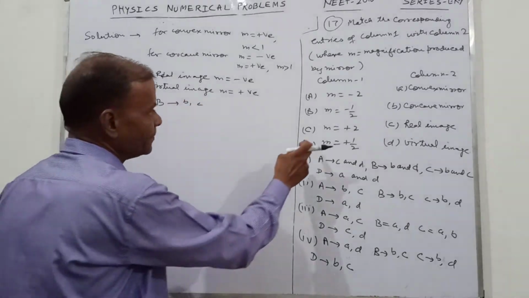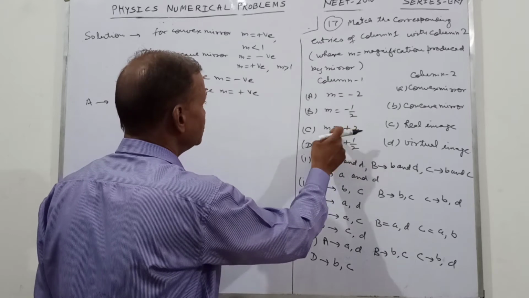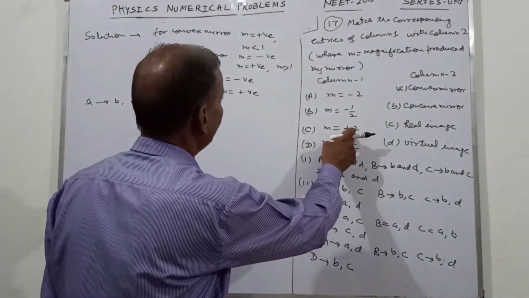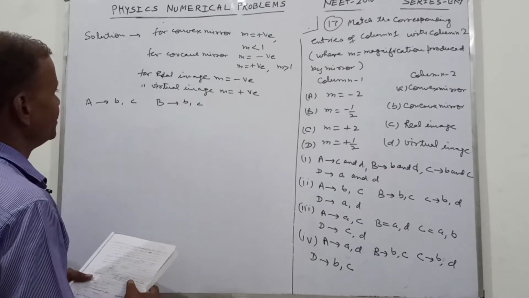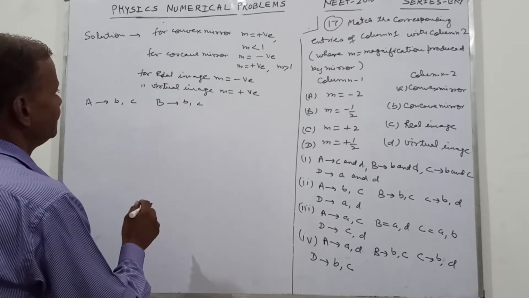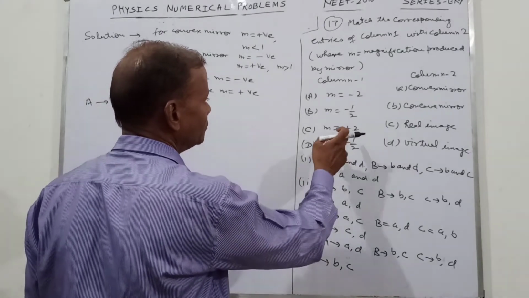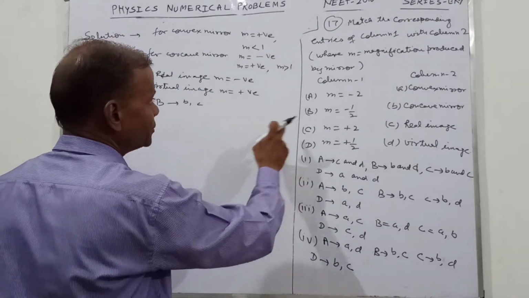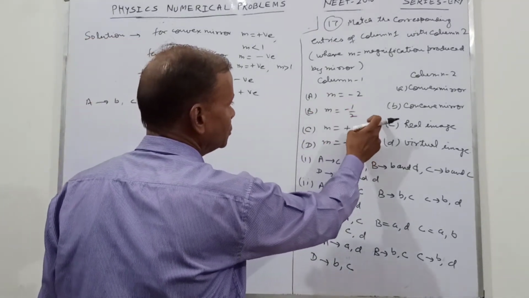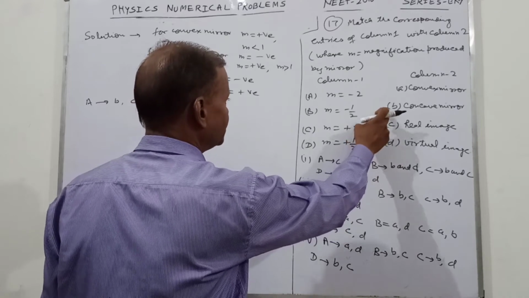And now C, M equal to plus 2. This is now a virtual image. M equal to minus 2: concave, real. This is now right.